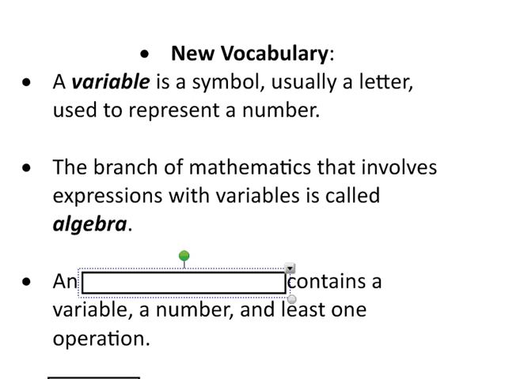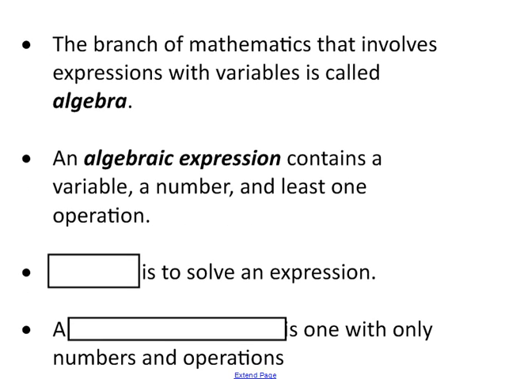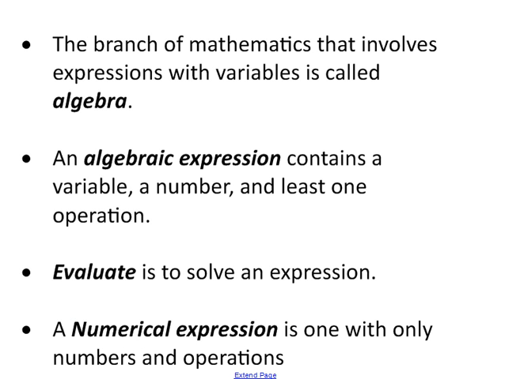And an algebraic expression contains a variable, a number, and at least one operation. Evaluate is to solve or simplify an expression or an equation. And a numerical expression is one with only numbers and operations, no variables.